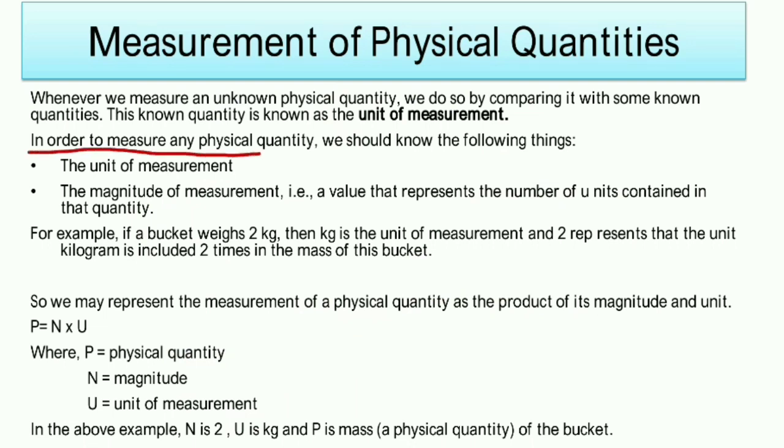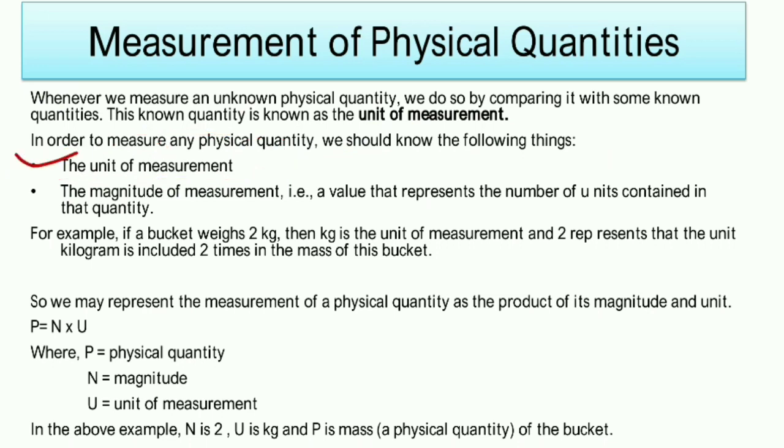Now, in order to measure any physical quantity, we should have the following things. We should have two things. At first, the unit of the measurement, that fixed quantity. Then only we can compare and measure the physical quantity.